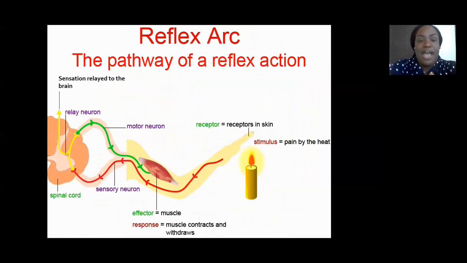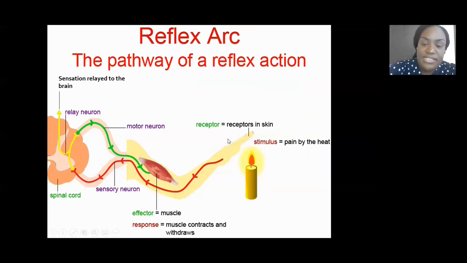If you did not follow this one, I have another graphic I would like to show you. This is actually the very same thing. It is the very same thing, and this is the diagram that you're most likely to see on examinations. So here we have a stimulus. In this case, the stimulus is pain by heat. And again, you have the same sense organ, which is your skin in your finger.